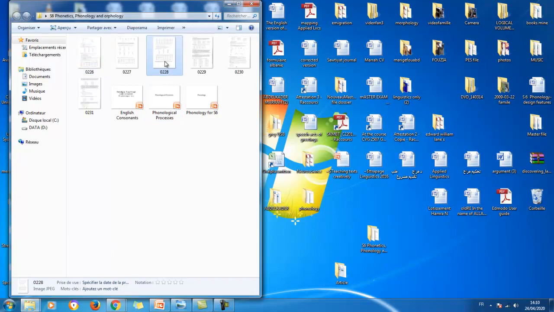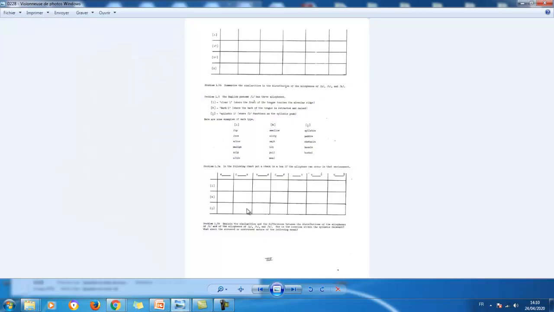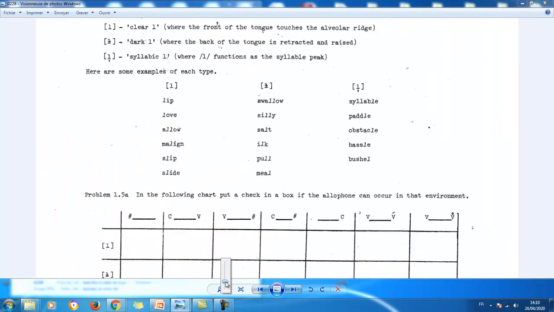So here on this page, you have got different words taken from English to show you different contexts where we're going to allocate the realizations or the allophones of L. For example, we have got L which is clear, L which is dark, L which is syllabic.